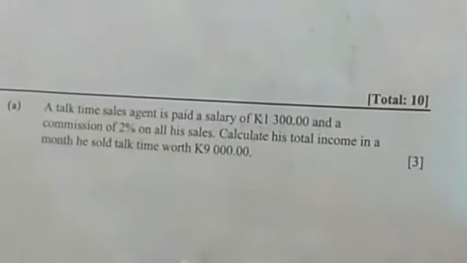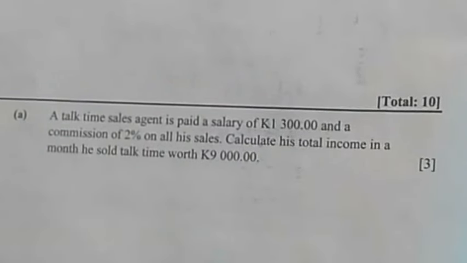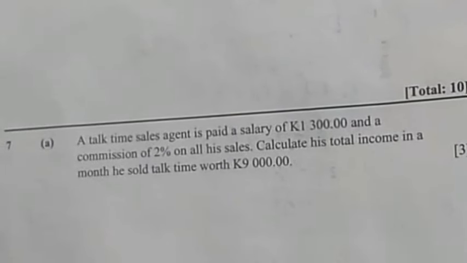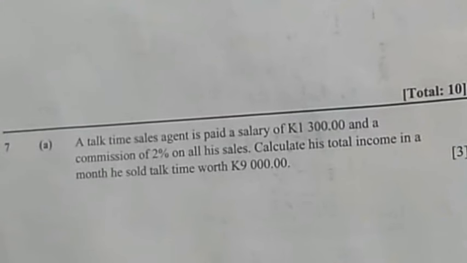Okay, now let's come to question 7A. A talk time sales agent is paid a salary of 1,300 and a commission of 2% on all his sales. Calculate his total income in the month he sold talk time worth 9,000.